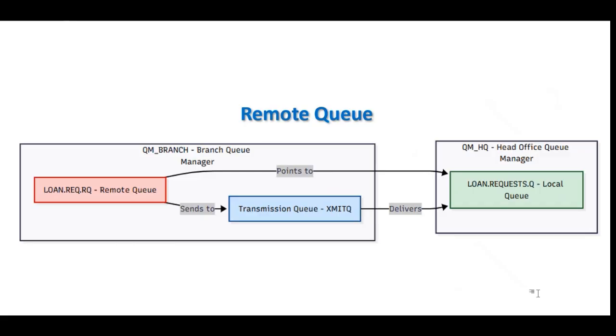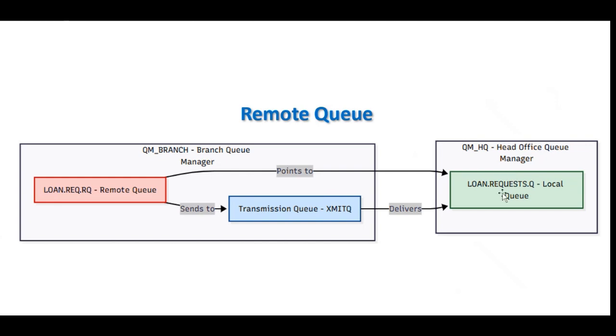Remote queue. So what is a remote queue? Let us say there is a bank and its headquarters is in some other place, and there are multiple branches, and each branch has its own queue, and the head office has its own queue for various applications, right?